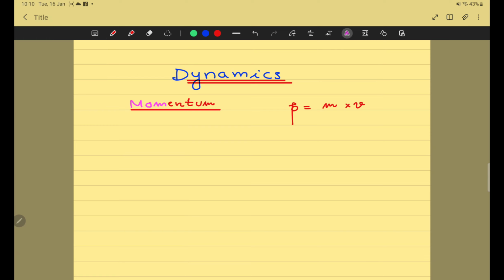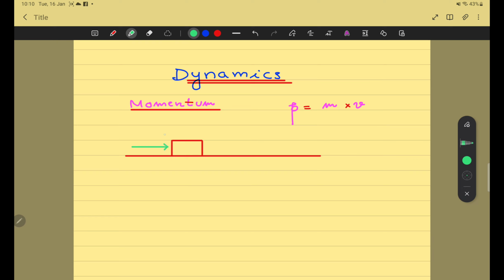What is momentum in IGCSE? We have studied that momentum is denoted by P, and momentum is the product of mass and velocity. Actually, momentum and force are physical quantities of the same nature.